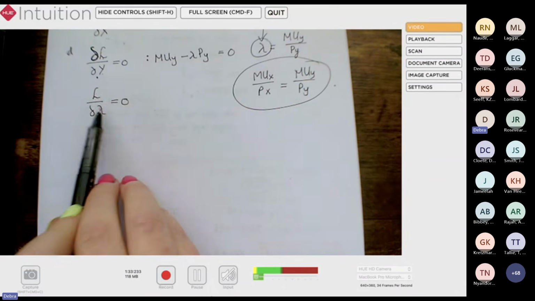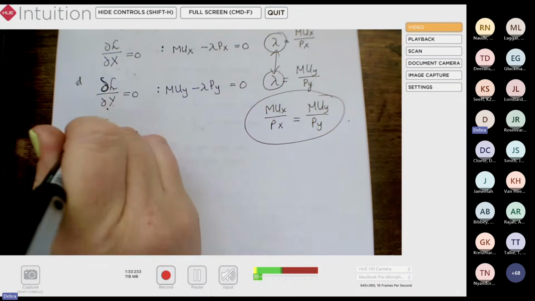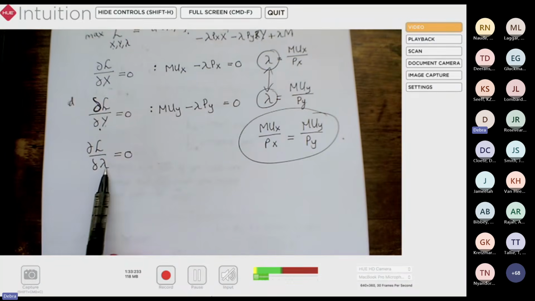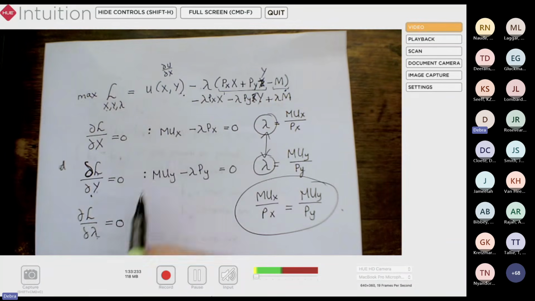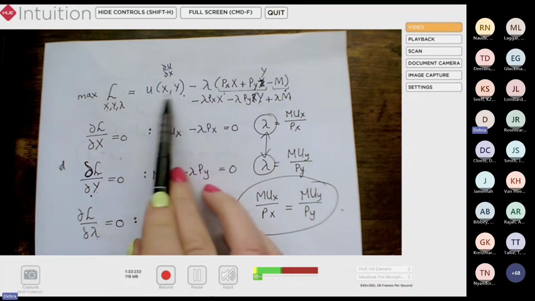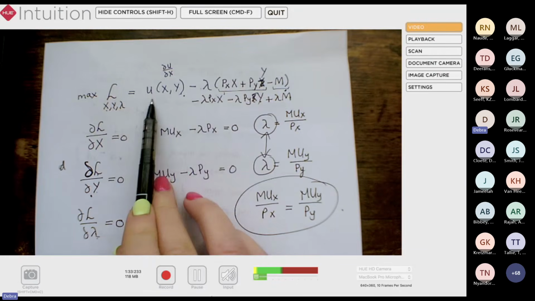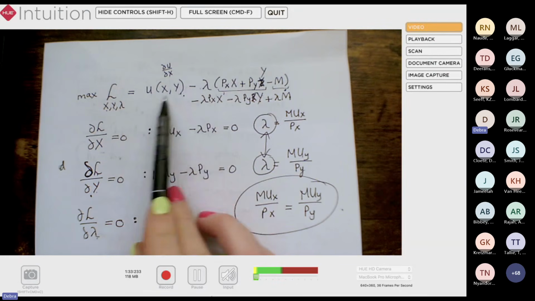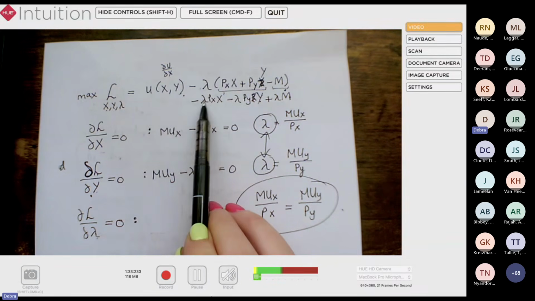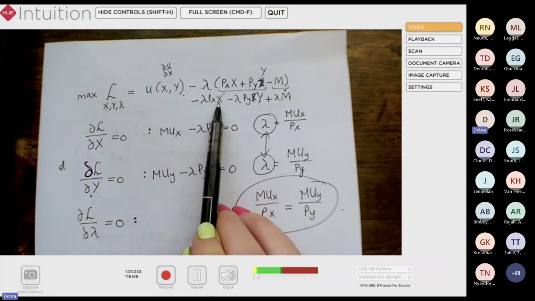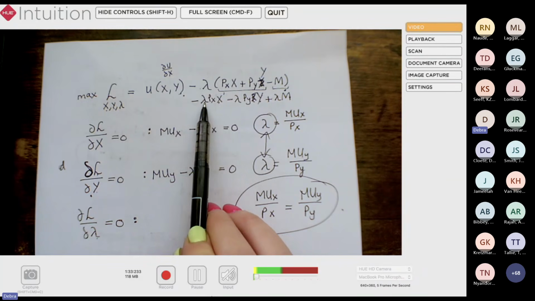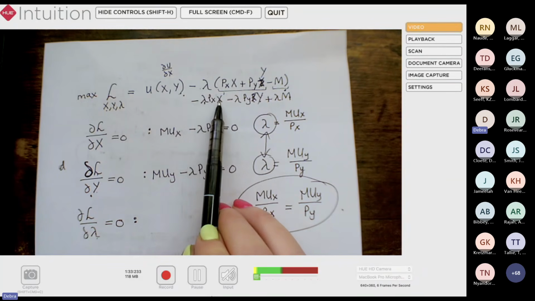And then the last one, taking the partial derivative with respect to lambda, if I do that, there's no lambda in here. So this is all a constant in the eyes of lambda. And then I have minus lambda PxX. So there's a lambda. Px and x are constants because now I treat x as a constant.